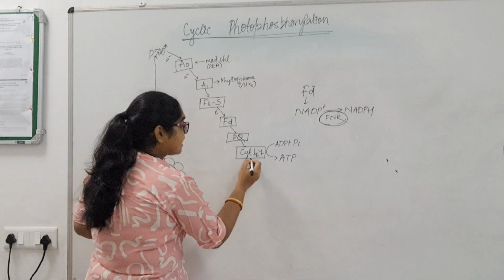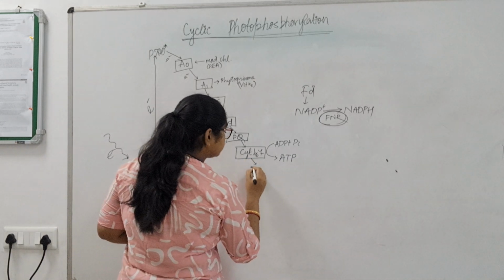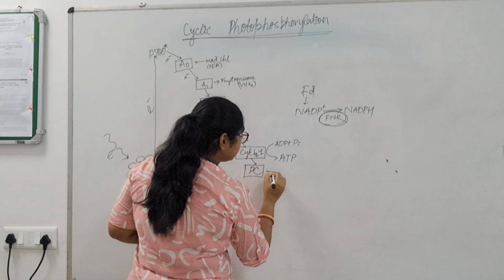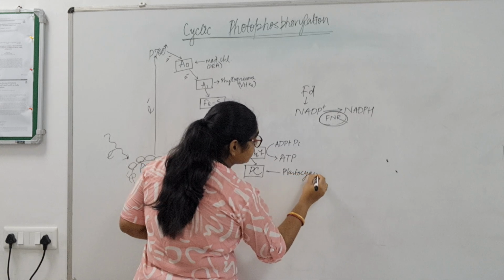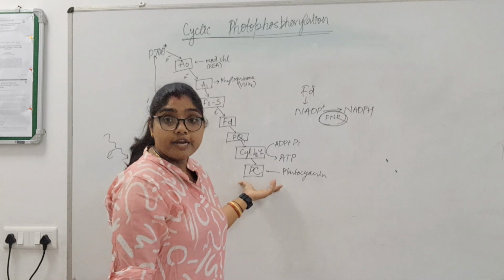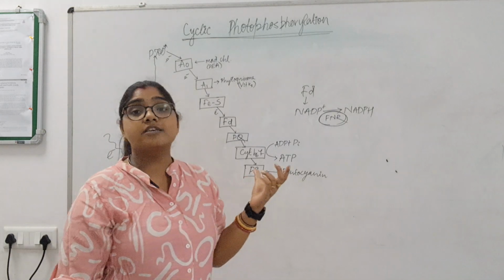After that, cytochrome b6f again transfers the electron to plastocyanin. It is also a small water soluble protein, a blue colored protein, and it contains copper.